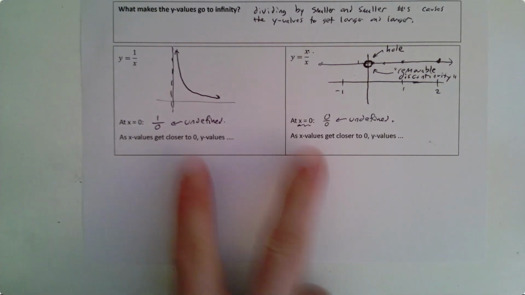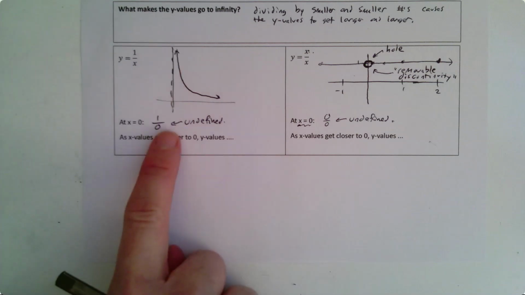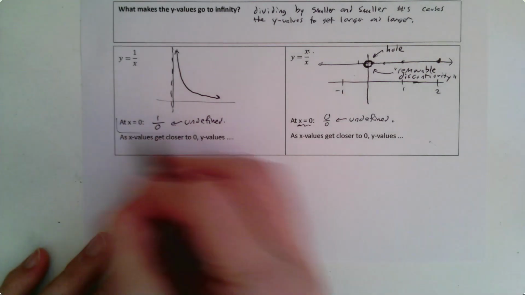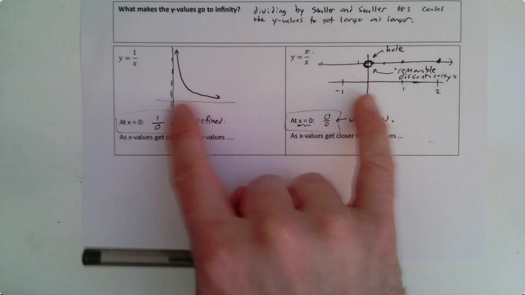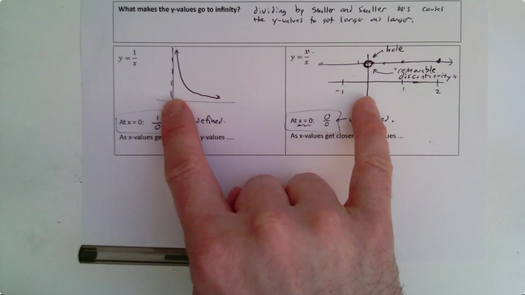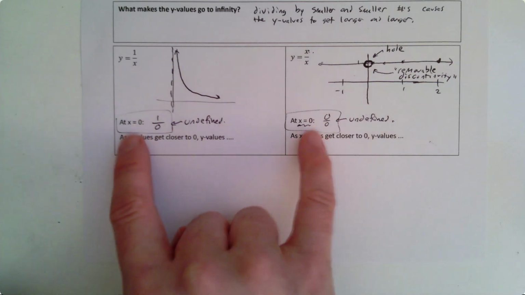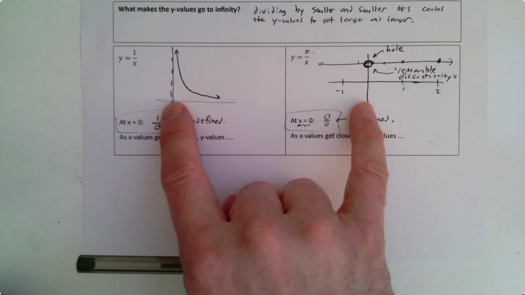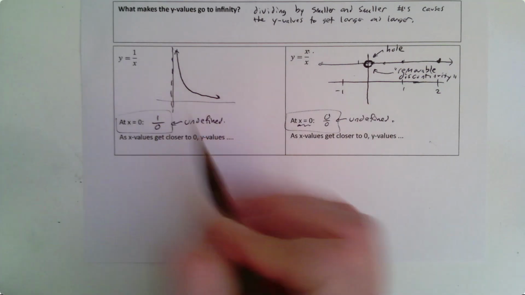Okay, so if you want to know what's the difference between there being a hole and there being a vertical asymptote, it's not about what's happening at x equals 0. In both cases, you get an undefined number at x equals 0. So what's happening with these discontinuities isn't so much about the value where it's undefined. It's going to be about what's happening to the y values as you get closer and closer to that number.